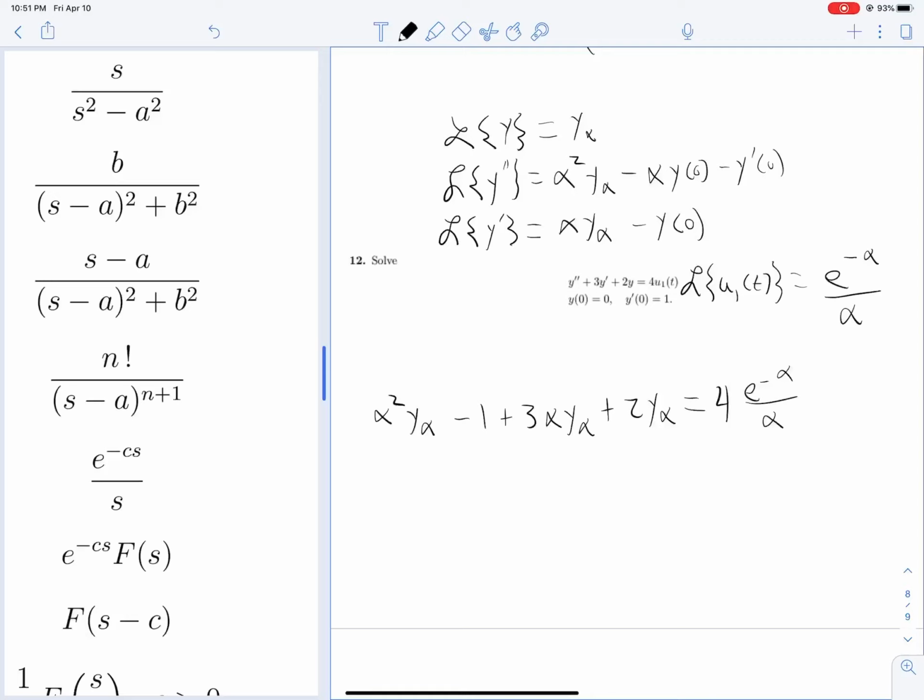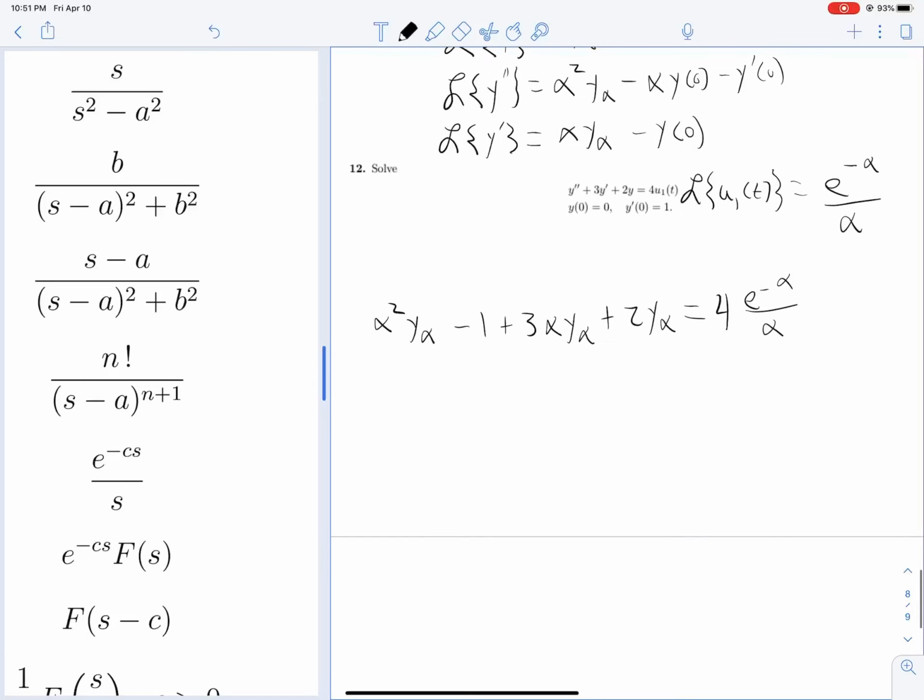Before we do much else, let's add our 1 over here and factor out y alpha. So y alpha multiplied by the quantity alpha squared plus 3 alpha plus 2 is equal to 4 e to the negative alpha over alpha plus 1.